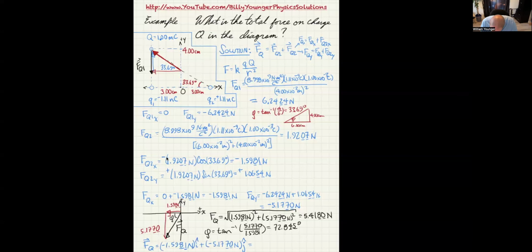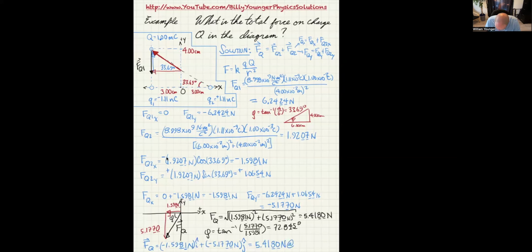But the other way of writing it that is a little easier to use is 5.4180 newtons. And this is going to be at, notice if I went counterclockwise from the positive x-axis to the negative x-axis, that'd be 180 degrees. I've got to add another 72 to that.